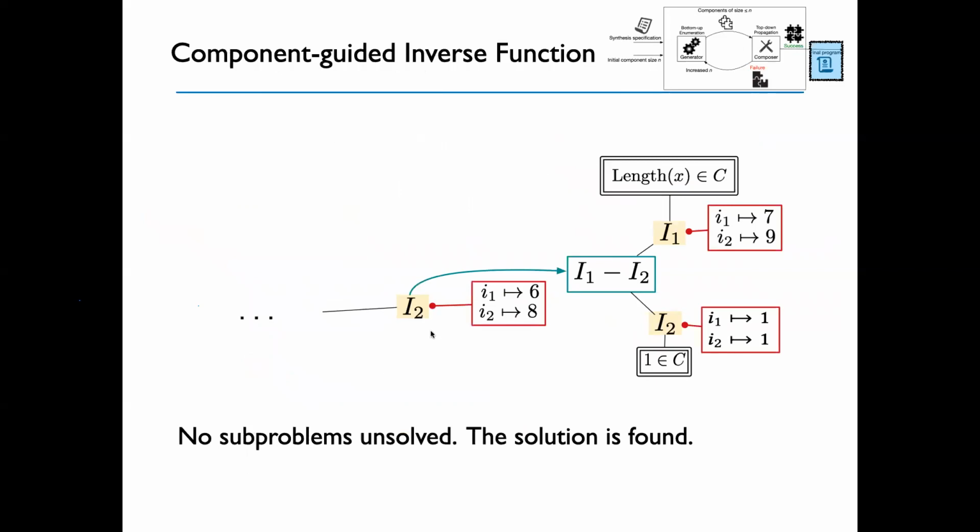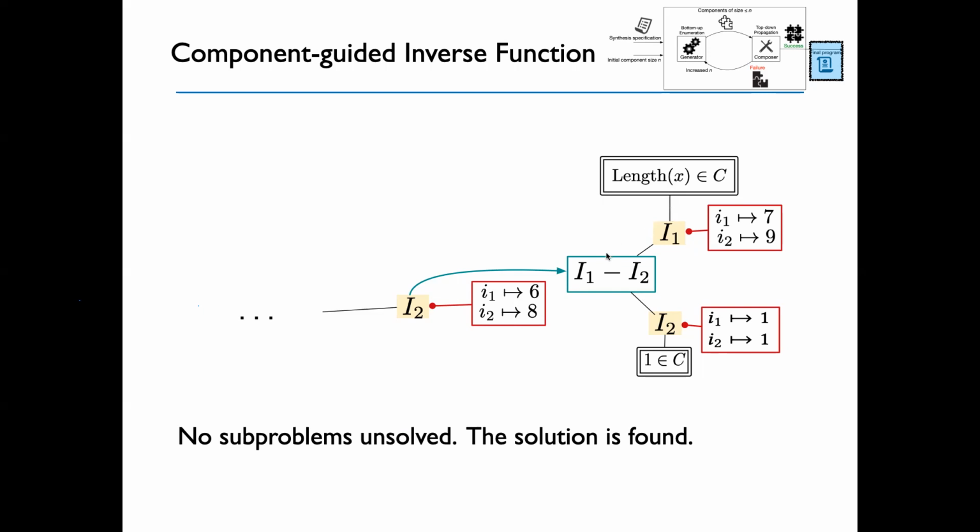To solve the subproblem for the last argument, we use a hypothesis that the solution would be of the form I1 minus I2. Again, there are infinitely many combinations such that I1 minus I2 evaluates to 6 and 8 on the first and second input examples respectively. We search for a component that produces integers greater than 6 and 8, which is the length of x.